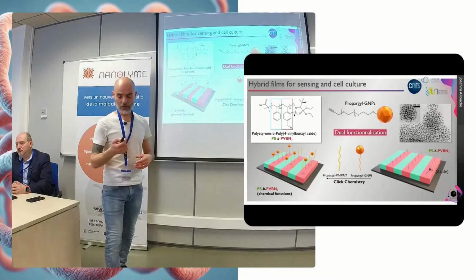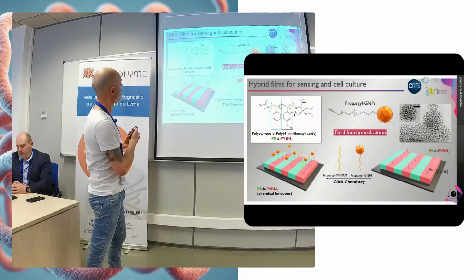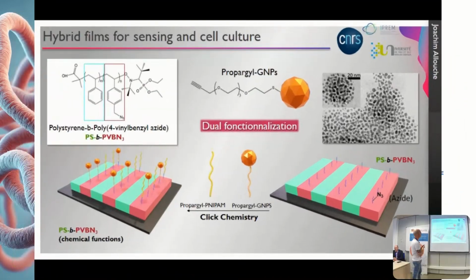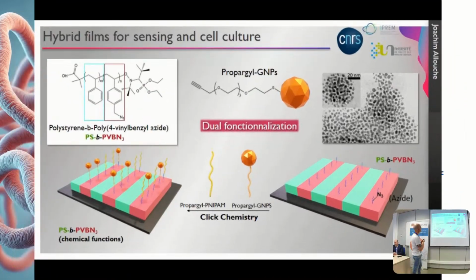For example, we have used this type of block copolymer. With this block, you have an acid part that can be modified using particles with a functionalized structure. You have here molecules with alkyne, and you can create a click chemistry reaction between this function and this function, and finally obtain a functionalized surface with gold nanoparticles.